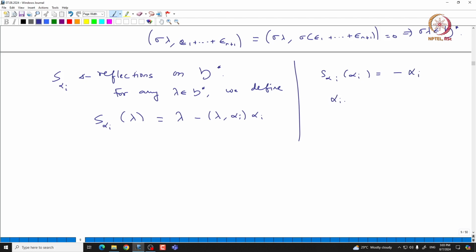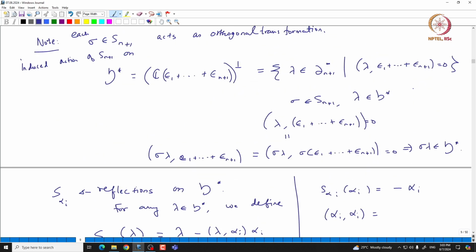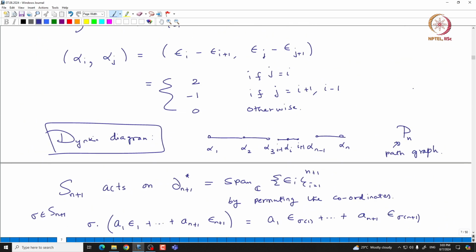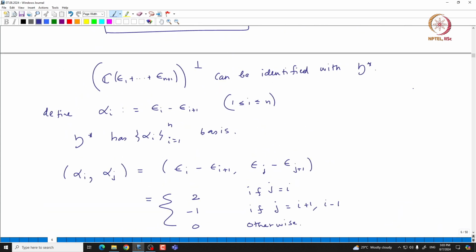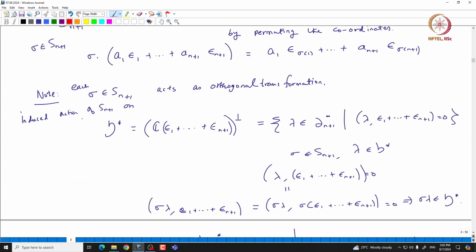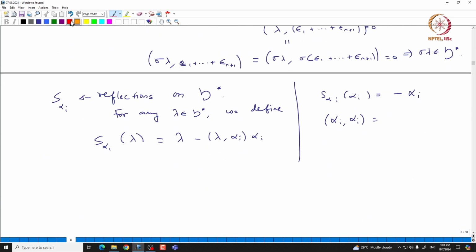Note that alpha i comma alpha i, where alpha i by definition is epsilon i minus epsilon i plus 1, is nothing but the inner product of epsilon i minus epsilon i plus 1 with itself. So, if you do the calculation, you can easily see that this is exactly 2.